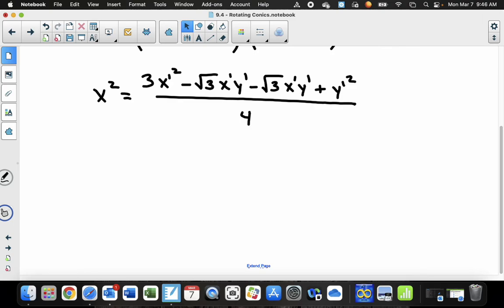Let's clean it up. Which terms are the like terms? Yeah, the square root of 3's, x prime, y primes. So as we clean this up, we still have the 3x prime squared. If I put the two middle terms together, how do I put those together? Think about it just as like terms.